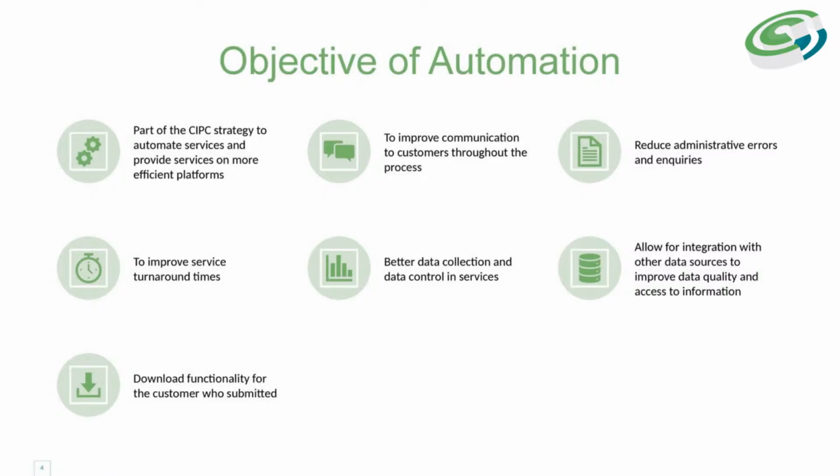So when you indicate the physical address of the company or closed corporation, you're going to put in the first line of the address, and then it will automatically check against Google whether it's a valid address, as well as the latitude and longitude.